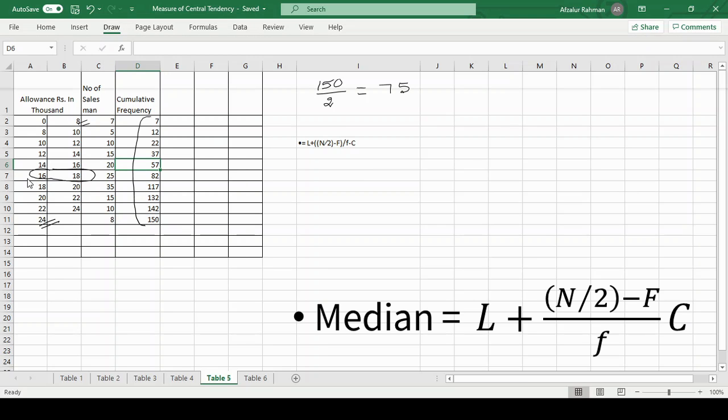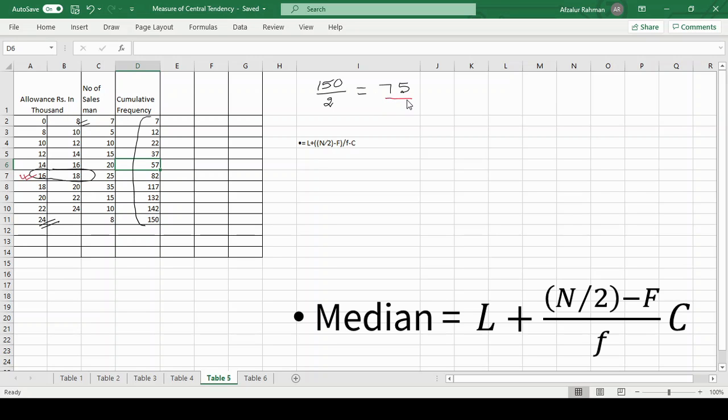Correct? You just tell me whether it is clear or not. We are checking the median, the mid. To check the mid, I took the total cumulative frequency, which is 150. So 150 divided by 2 is 75. So 75 is the midpoint that we calculated.